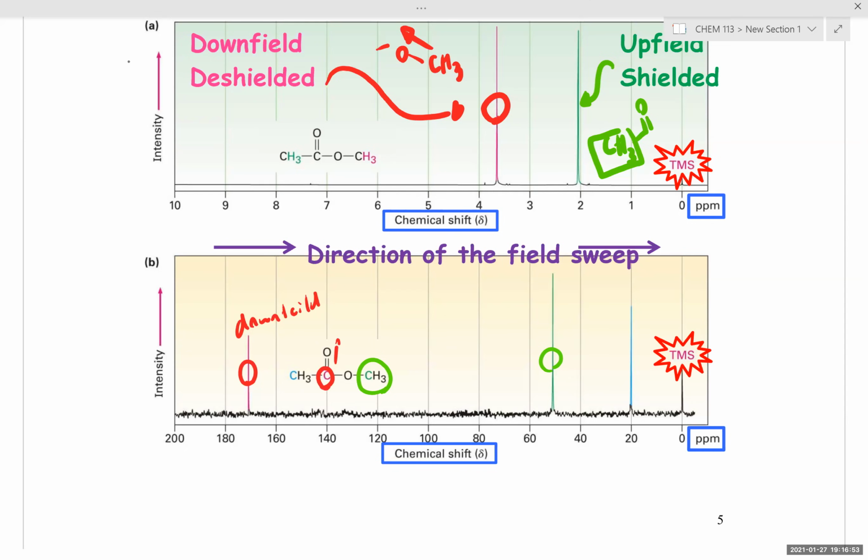So when you're close to electron withdrawing groups, you're deshielded. And by comparison, other groups appear more shielded. Does that make sense? So the methyl that's deshielded is more likely to leave. Is that what you're saying?